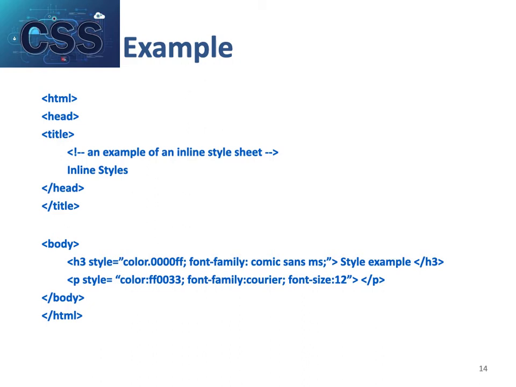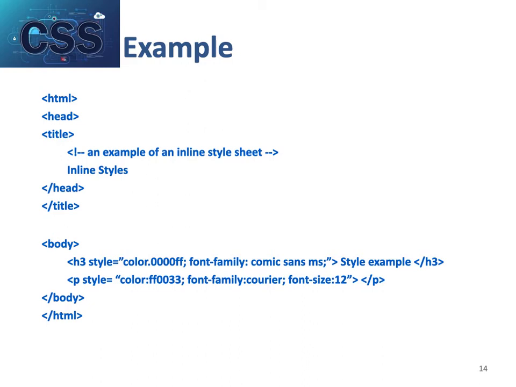The h3 style attribute values are color: #0000ff, font-family: Comic Sans MS, and the text is the message there as the heading, followed by a paragraph tag whose style attribute values are color: #ff0033, font-family: Courier, and font-size: 12. These are the specifications for the paragraph.